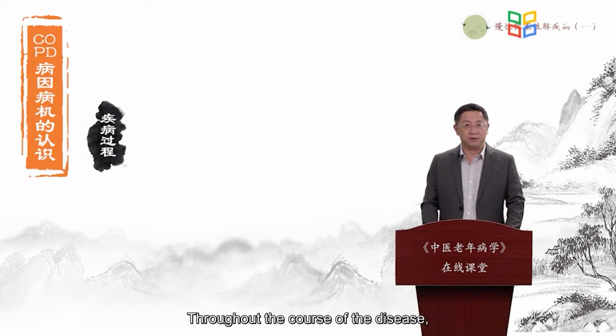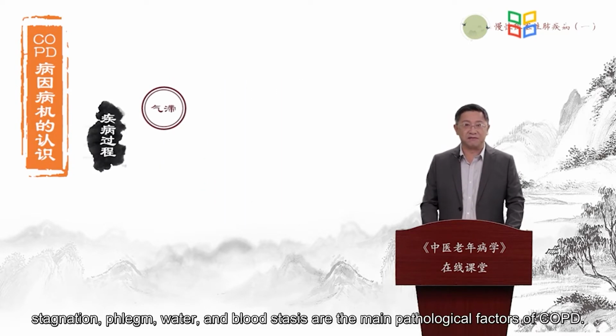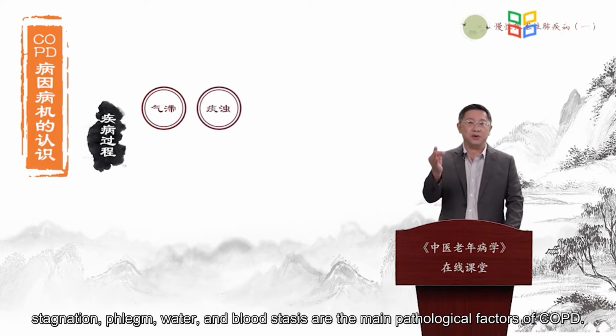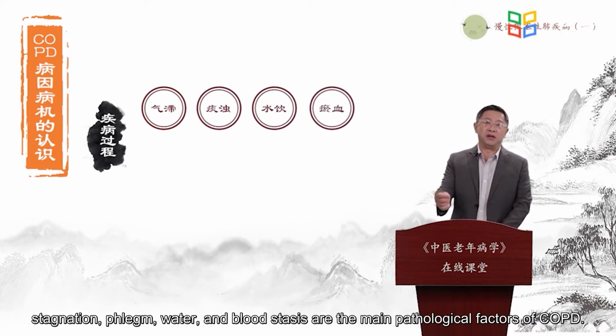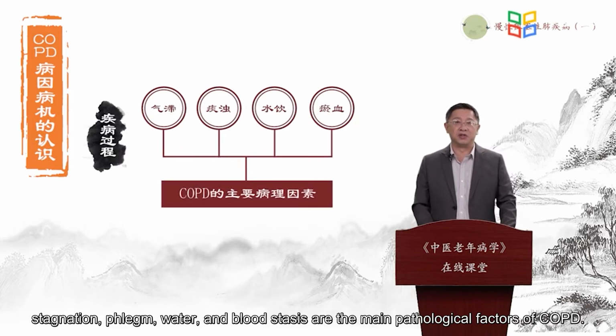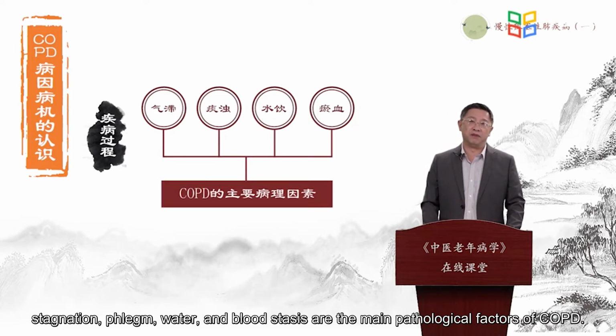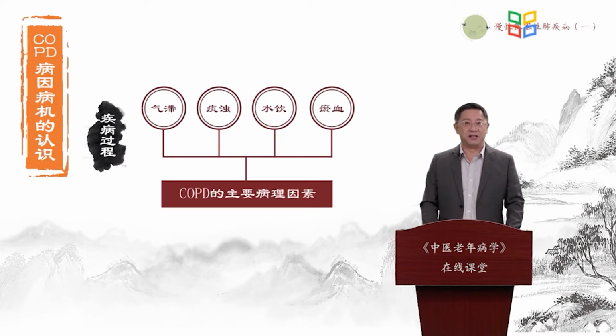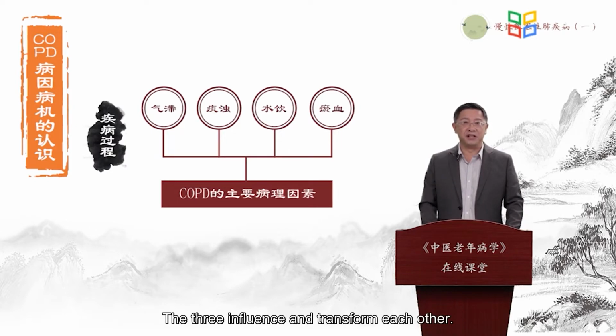Throughout the course of the disease, qi stagnation, phlegm, water, and blood stasis are the main pathological factors of COPD. The three influence and transform each other.